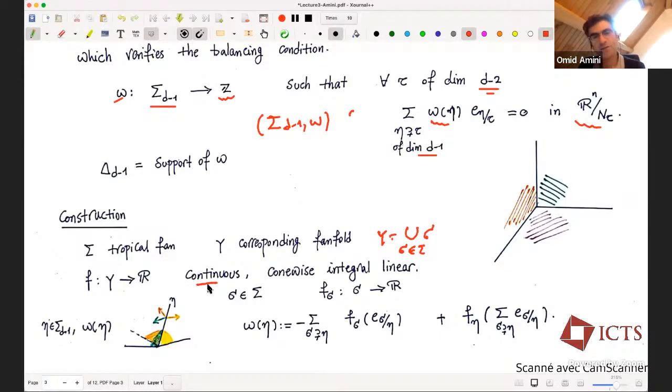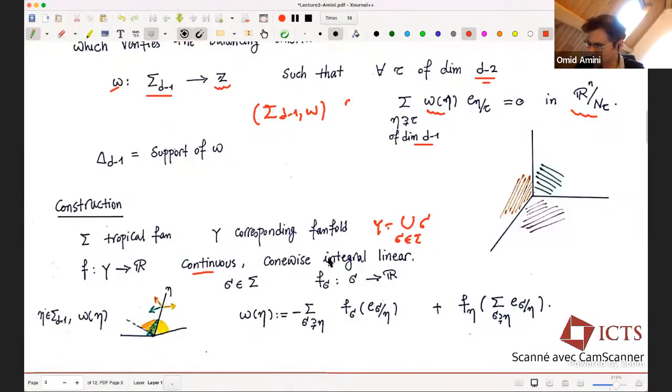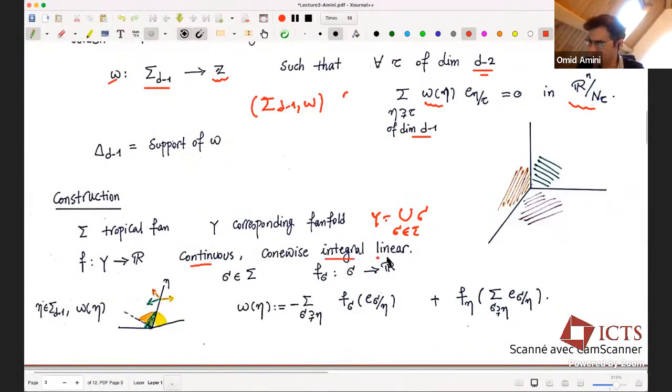But in addition, you assume that on each cone, it is the restriction of some linear function, and more than that, you assume that this linear function is integral. So basically, on integer vectors, it takes integer values. That is the notion of integral linear.